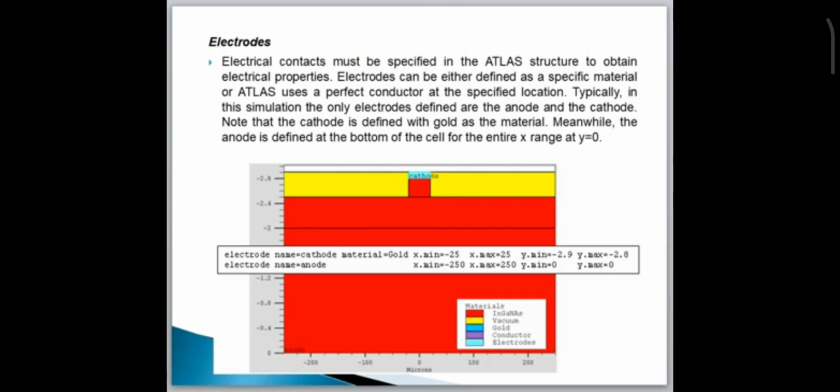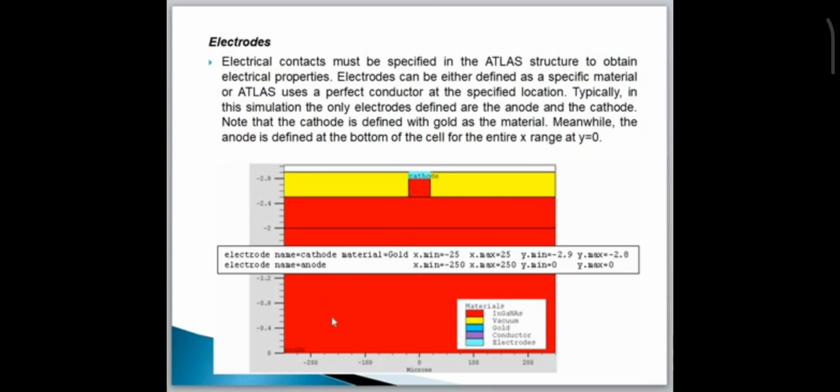Typically in this simulation, the only electrodes defined are the anode and the cathode. Note that the cathode is defined with gold as the material on the top. Meanwhile, the anode is defined at the bottom of the cell for the entire X range at Y equal to 0. This way, I have defined the 2 electrodes, cathode at the top and anode at the bottom.